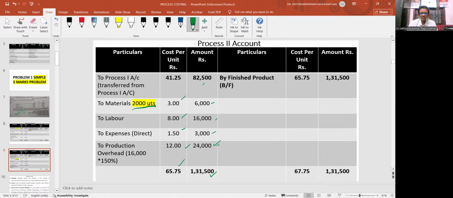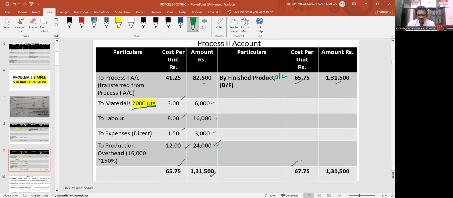So by finished product account, the term 'account' has to be added here. By finished product account, within bracket, balancing figure, that is 65.75, 65 rupees 75 paisa, and then 1,31,500. Okay, this should be transferred to the finished goods.